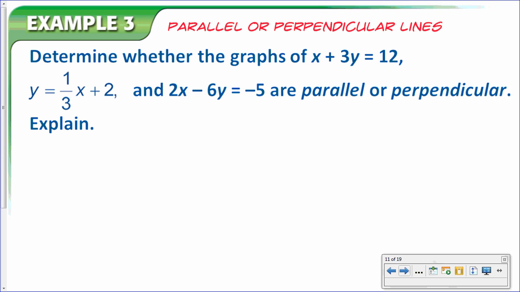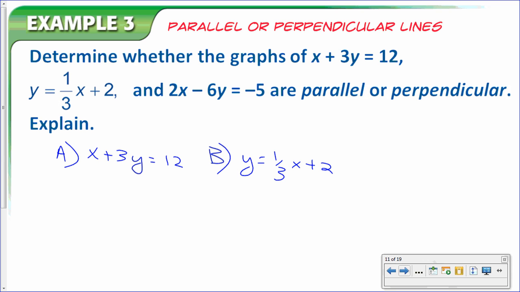I'm going to make that equation A. Alright? And then I'm going to make that one equation B. Do I have to do anything to the second equation? No? It's already in the form I need it, right? What's the slope? 1/3, right?